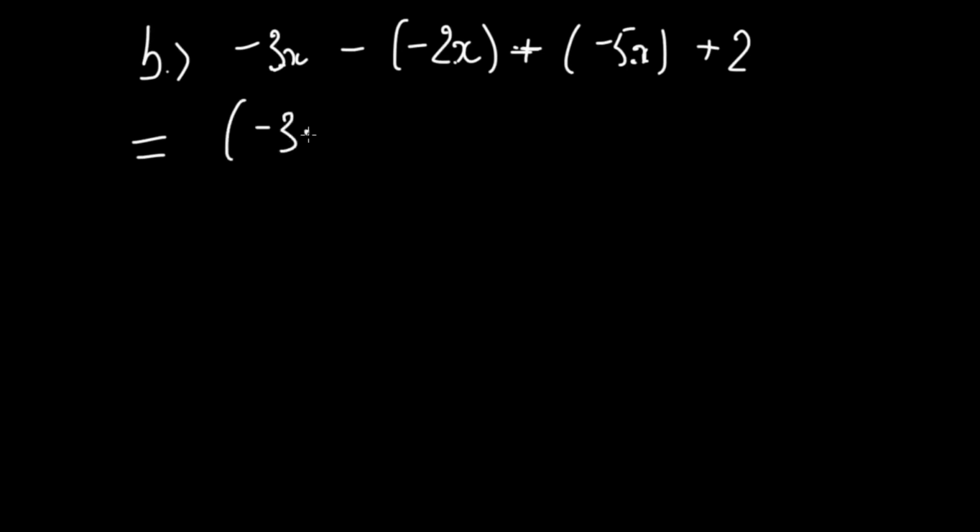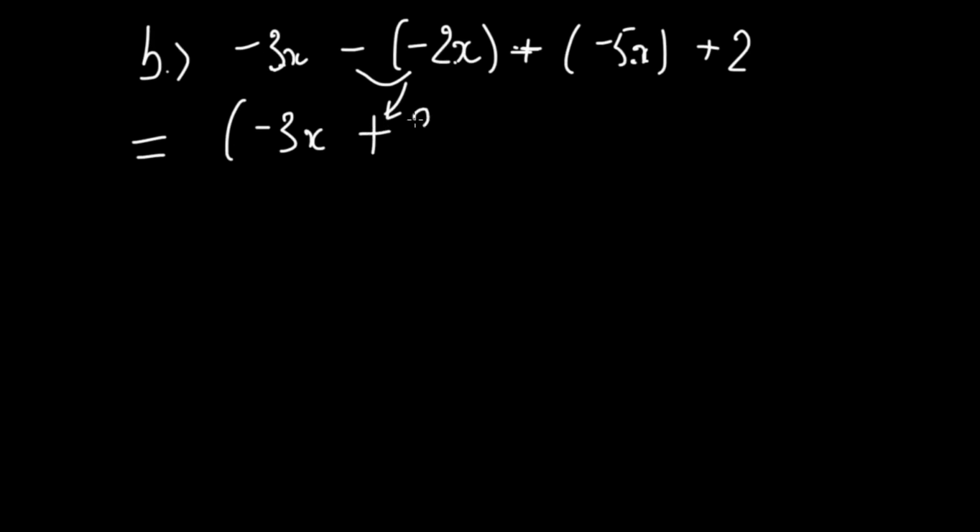So negative 3x right here, we put it down. Negative of negative 2x, you put plus, because negative of negative gives positive, because we consider this one as negative 1. Negative 1 times negative 1, you got positive 1.